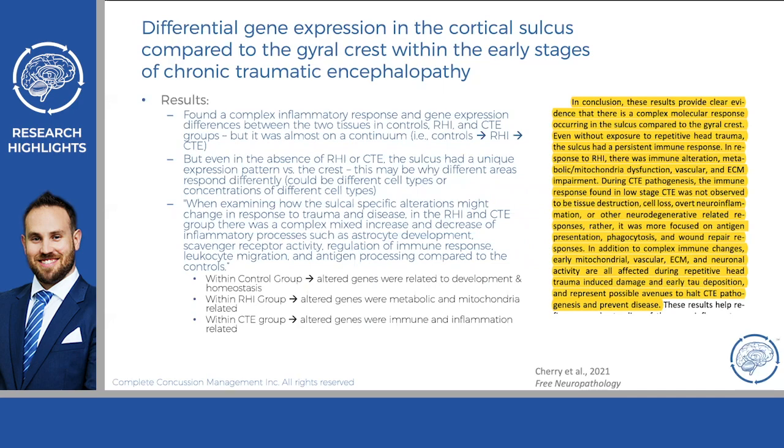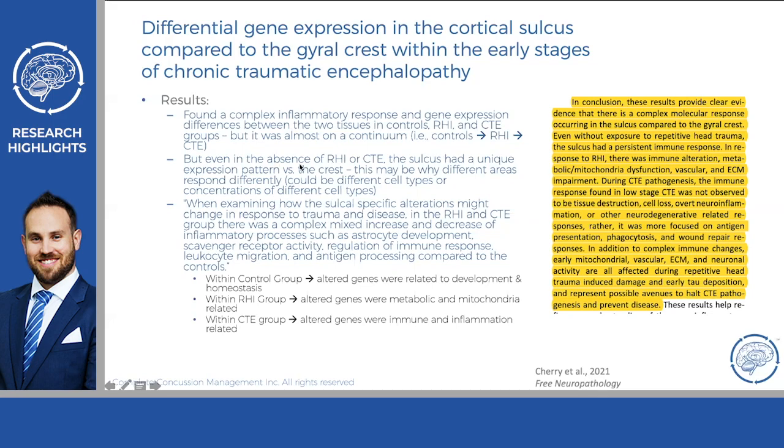And here's what they found. They found a complex inflammatory response and gene expression differences in the two tissues in controls, in the repetitive head injury group and the CTE group, but it was kind of on a continuum, whereas the controls had fewer differences, RHI had more, and then CTE had even more.